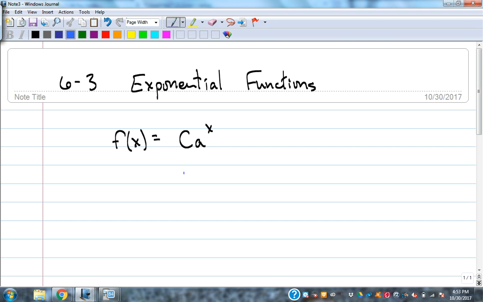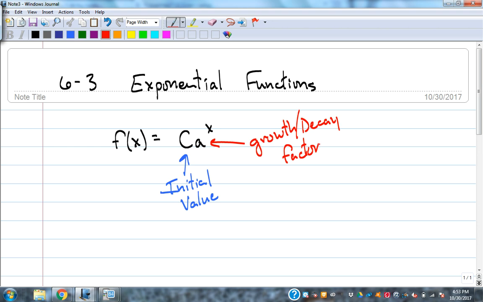The c is the initial value. The a is your growth or decay factor. Growth or decay factor.